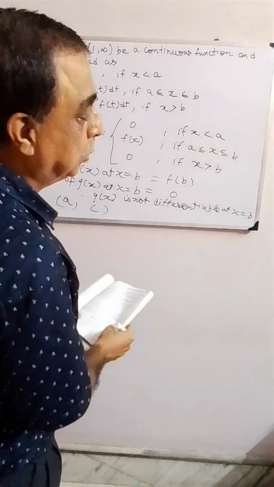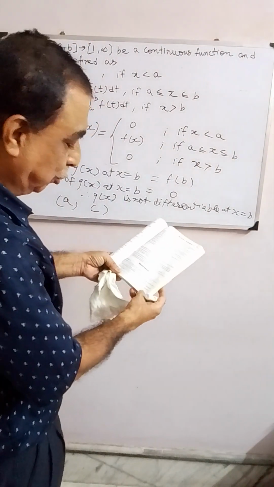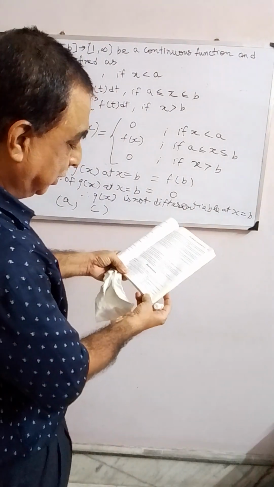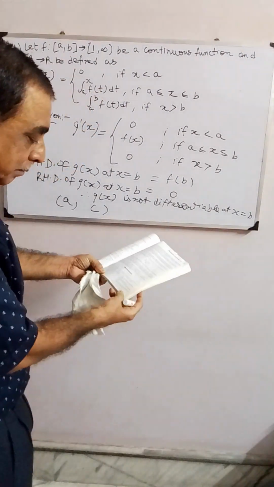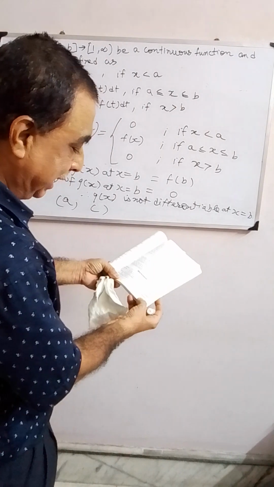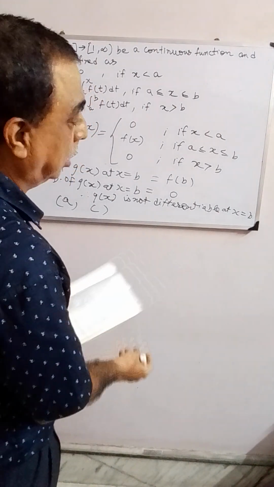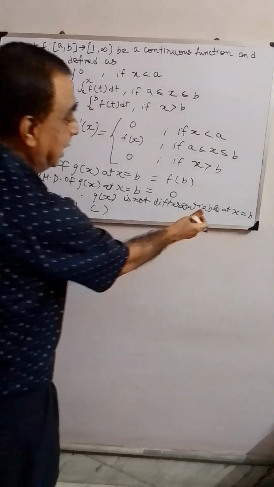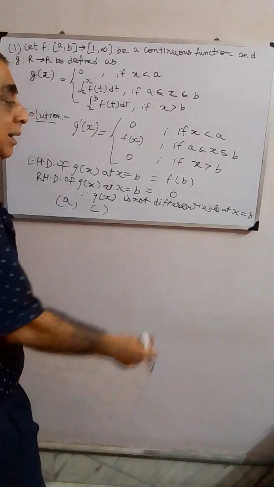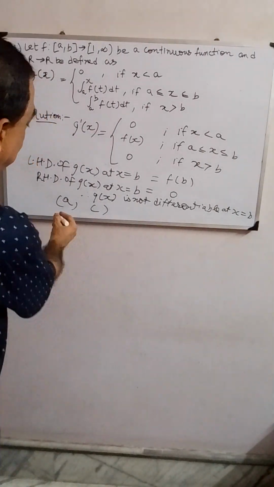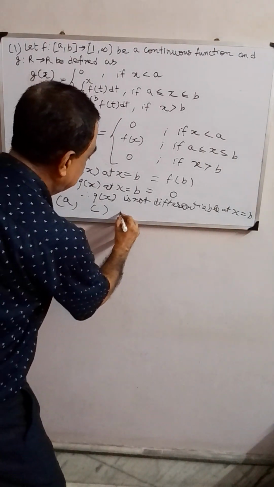So option B is incorrect. Option D says that g(x) is continuous at both a and b, but differentiable at either a or b but not both. We have noticed that it is not differentiable at both a and b, so option D is also incorrect. So options A and C are the correct options.